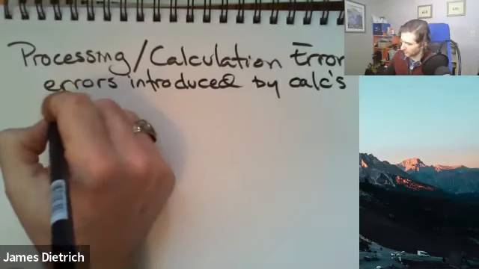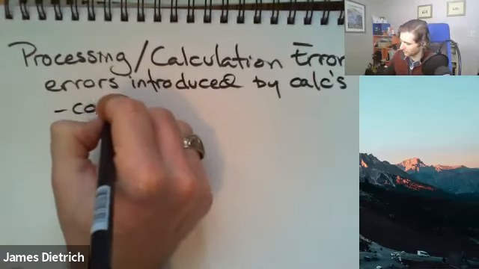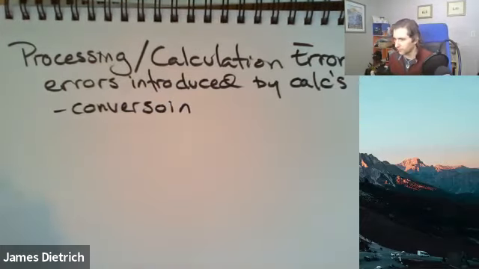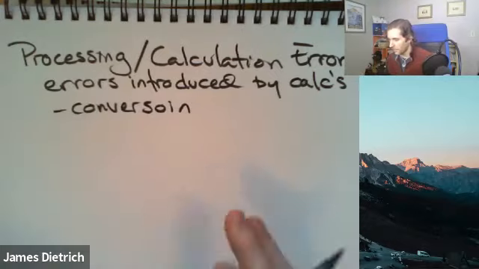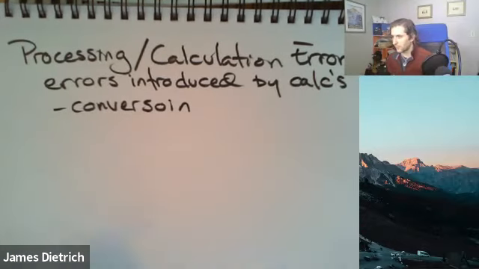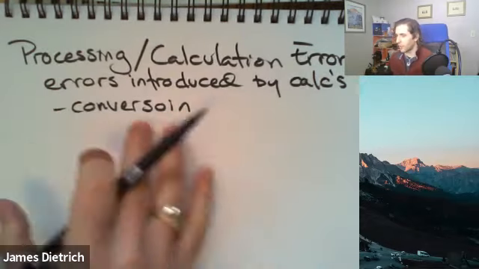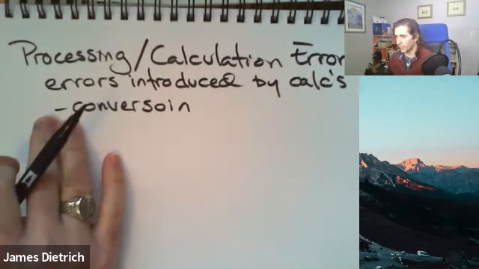This can be something as simple as doing a unit conversion, from feet to meters for terrain data, or Fahrenheit to Celsius. There's a certain amount of error associated with those calculations.